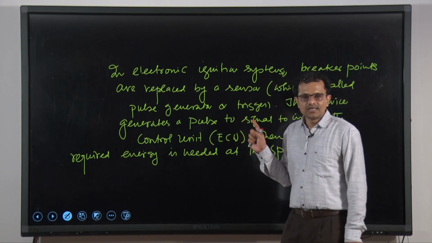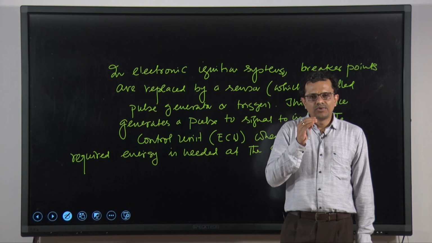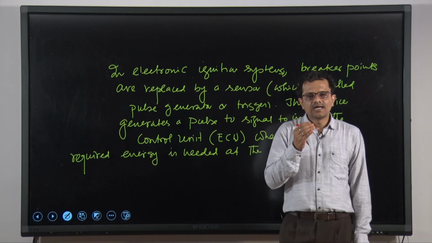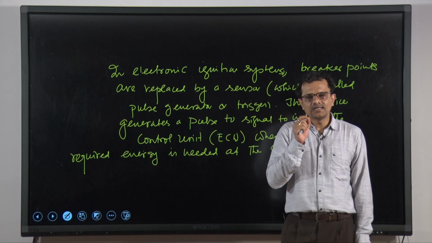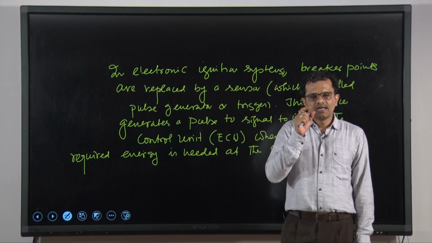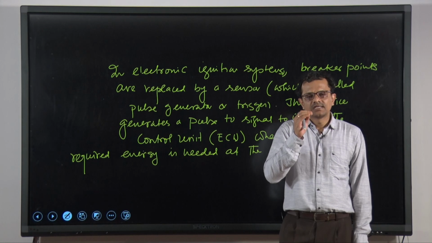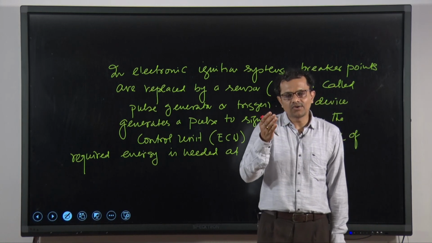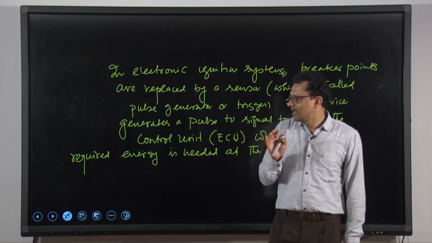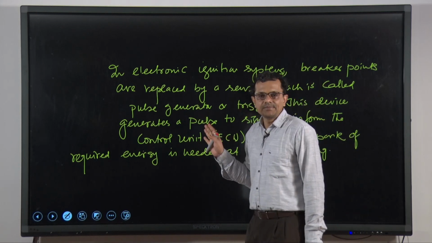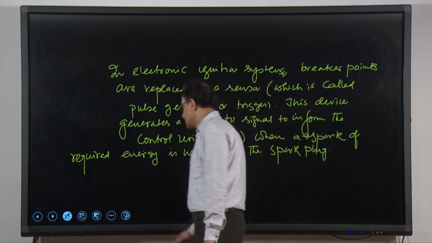When the trigger produces a pulse, that pulse is able to break the primary circuit, and that will produce sufficient voltage in the secondary coil that is required to produce a spark. And three different types of pulse generator are used typically for the electronic ignition system.